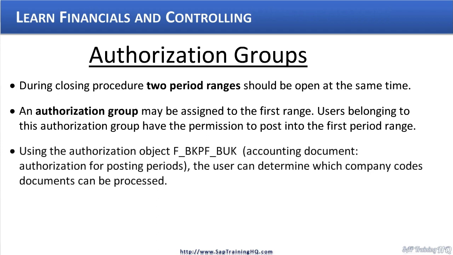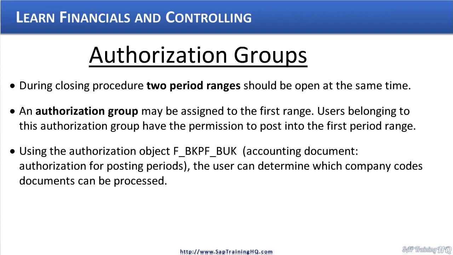Using the standard authorization object F_BKPF_BUK, the user can determine which company code's documents can be processed, and the user must have the authorization for the standard authorization object F_BKPF_BUP with the same value in the field authorization group as in the posting period table.